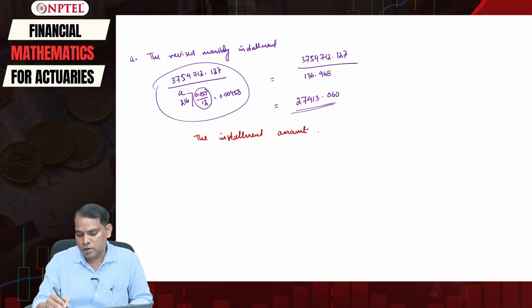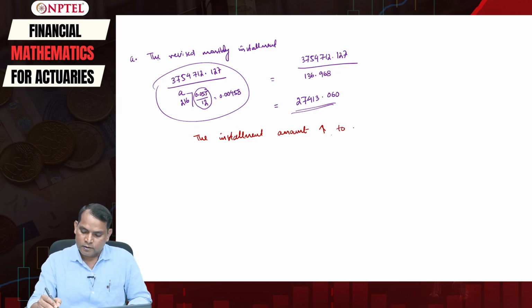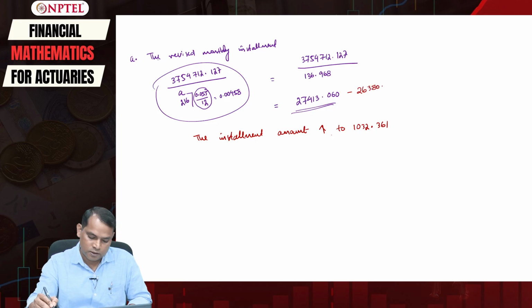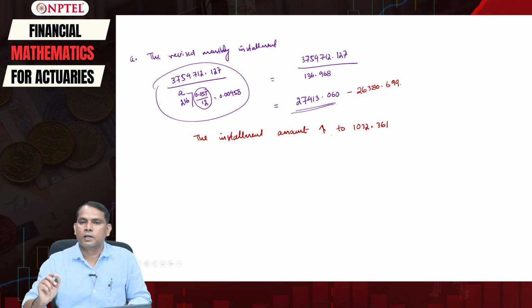The installment amount is increased to what? We will have here 1032.361. This is simply, you can get this value by deducting the initial amount, that is 26,380.699.